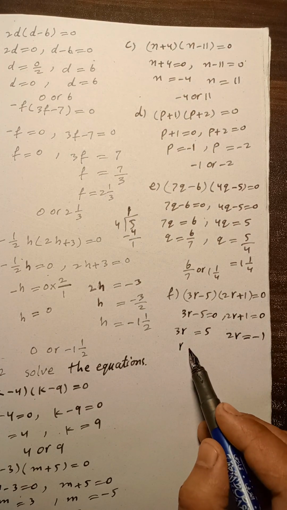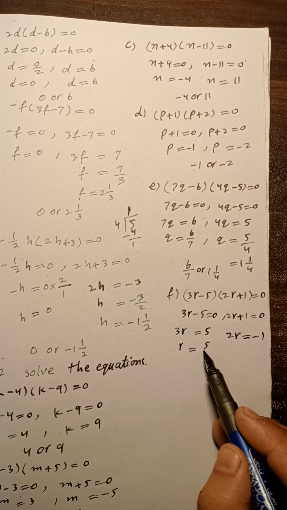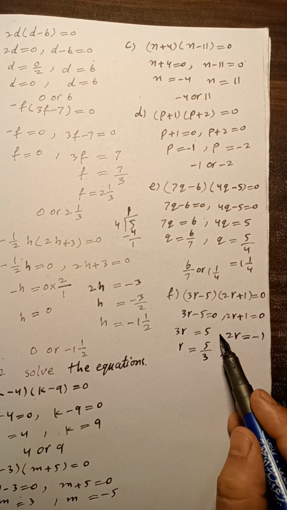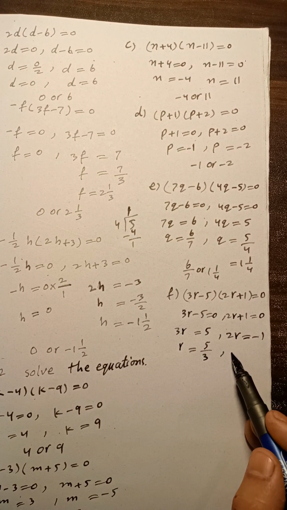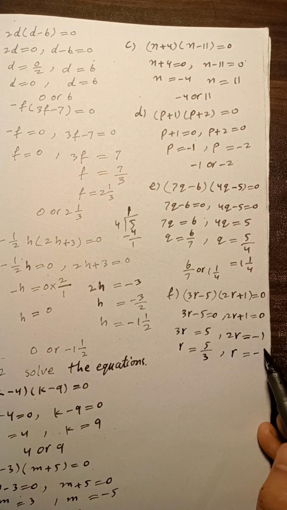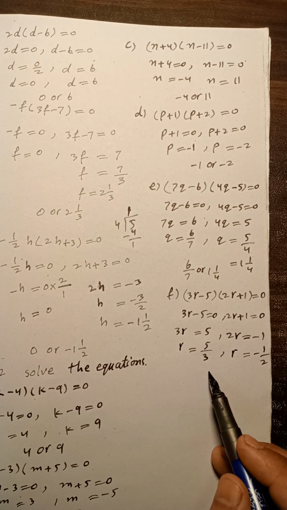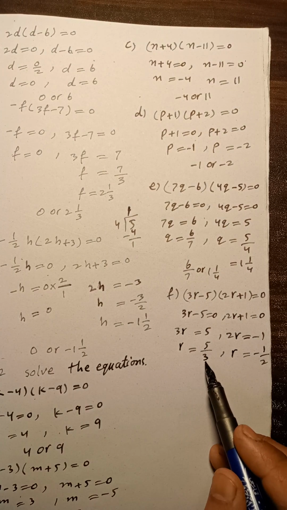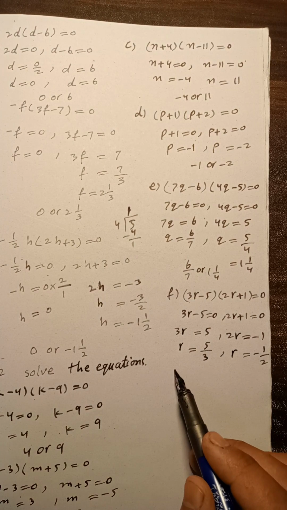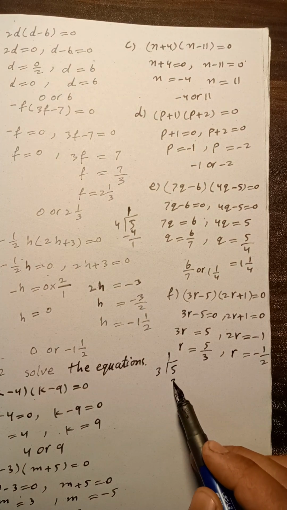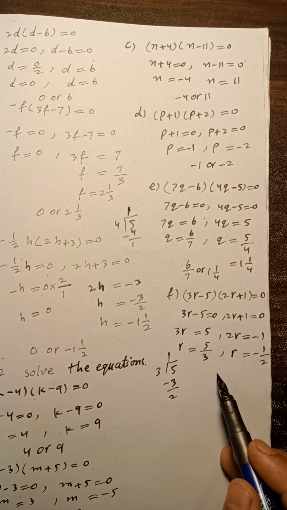Now r will remain alone and 5 will be divided by this 3, and here 2r will remain alone and minus 1 will be divided by 2 because 2 is being multiplied on the other side. Now the numerator is greater than the denominator, so divide this term.